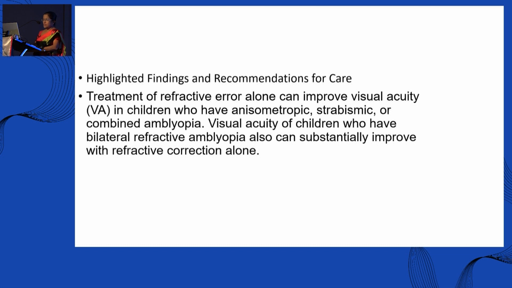Actually, the recommendations for the care of these patients are saying treatment of refractive error alone can improve visual acuity in children who have anisometropic, strabismic, or combined amblyopia. Visual acuity of children who have bilateral refractive amblyopia can also substantially improve with the refractive correction alone.